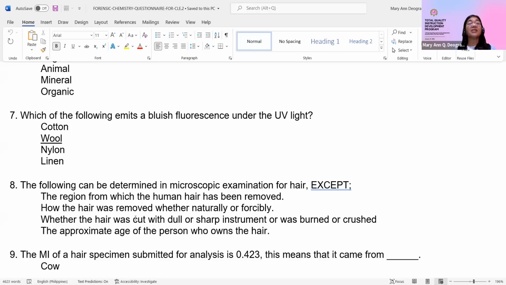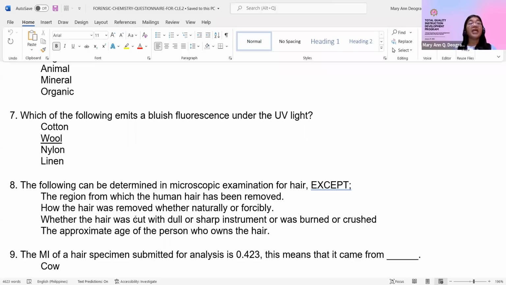How the hair was removed, whether naturally or forcibly. We can determine that using microscopic examination. Whether the hair was cut with a dull or sharp instrument or was burned or crushed. Those are included. Those are the microscopic examinations conducted on hair.